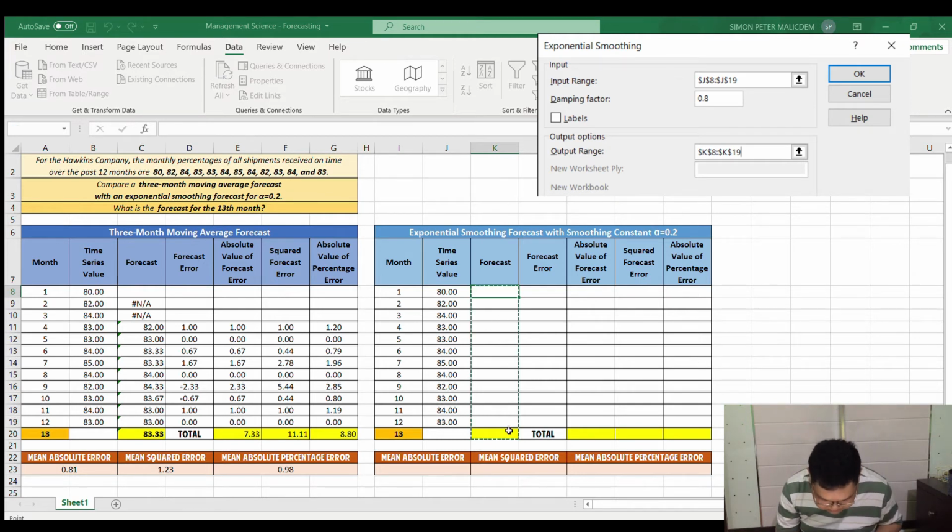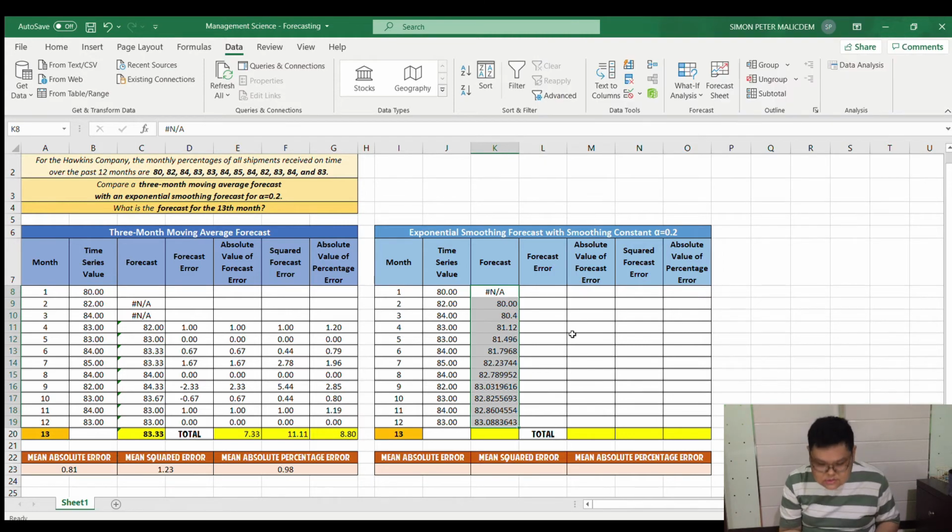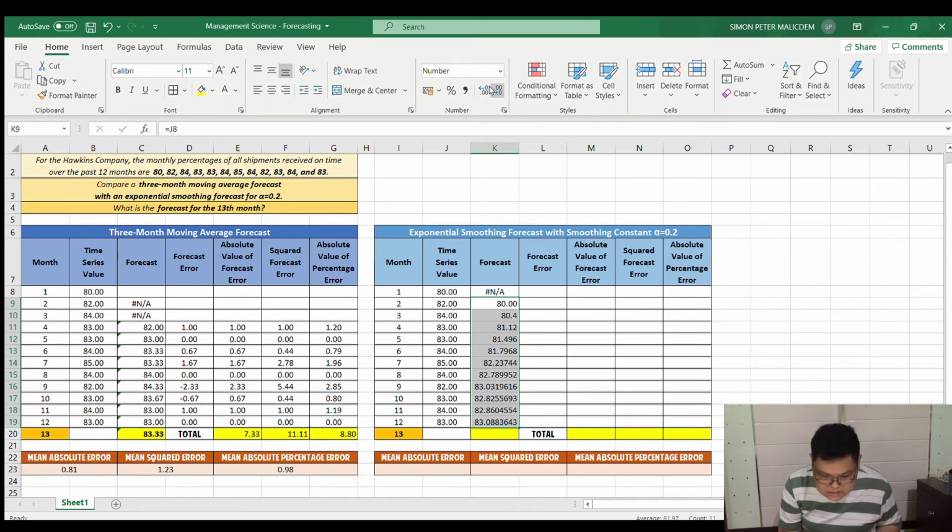Okay? Click OK. So there we have it. We don't have the forecast for the first month. We will be starting in the second month. Okay? So to decrease the decimal, go to Home and click Decrease Decimal.